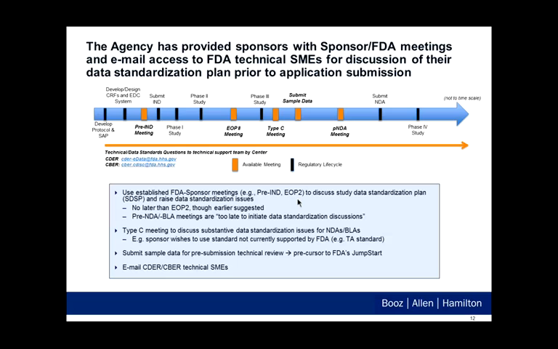The third opportunity you have is to submit sample data for technical review prior to submission of your actual application. So this is essentially a sponsor's ability to request FDA validate their data, whether it's SDTM, ADaM, SEND, and FDA will do that. In CEDAR, the eDATA team looks at these.